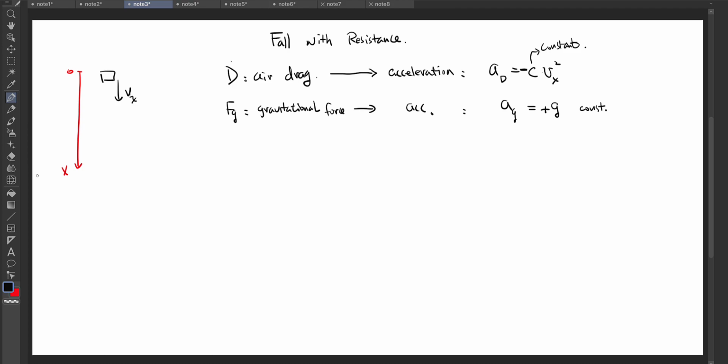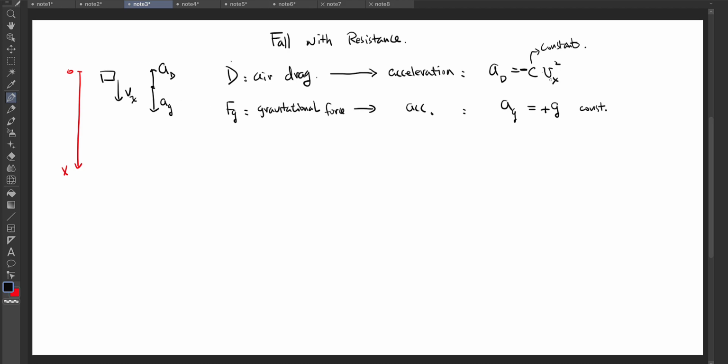Okay, so let's draw these two vectors, the two accelerations. AG is downward, and AD is upward. Now usually AG will be greater than AD, especially at the beginning, right?